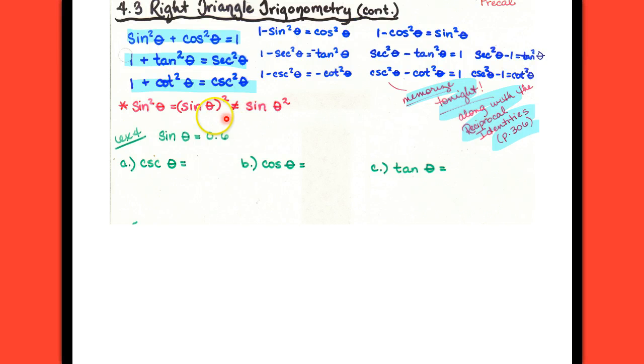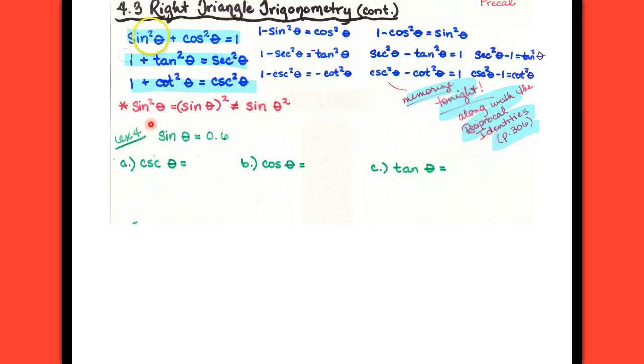Here, the entire quantity sine theta is being squared. Here, only the theta is being squared. But what happened was people wanted the whole quantity squared, but they accidentally wrote it this way. And so to avoid misreading, we rewrite it like this, where we've got sine squared theta, so that it's crystal clear that we mean that whole thing is supposed to be squared.